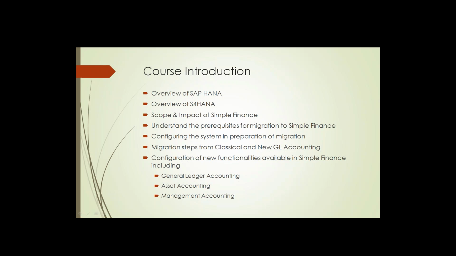So the latest version available in the market, 1511, in that you have to migrate all your modules, whether you are using MM, SD, everything has to be migrated to the new structure, because the tables which were available in MM and SD are also changed now. The earlier version, which was 1503, was only for finance. So MM and SD were untouched.